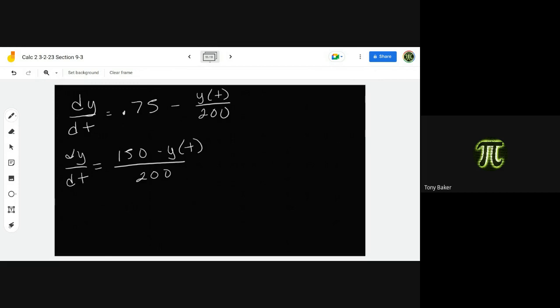I want my dy on the right side and my dt on the left side. So if I cross multiply, they're going to be on opposite sides, which is fine. We can do that first, and then I just divide both sides.